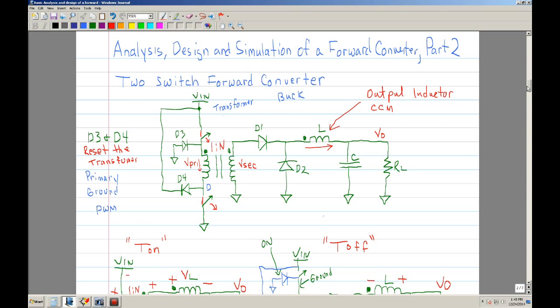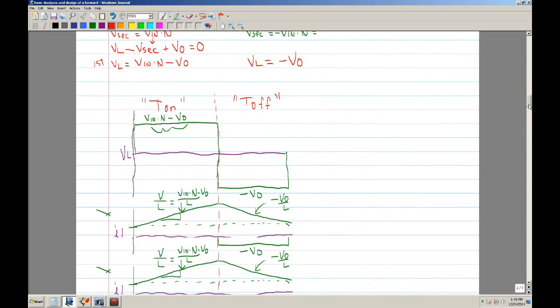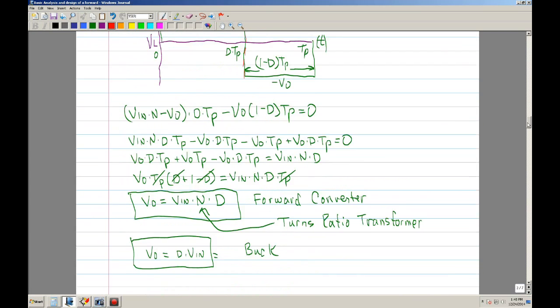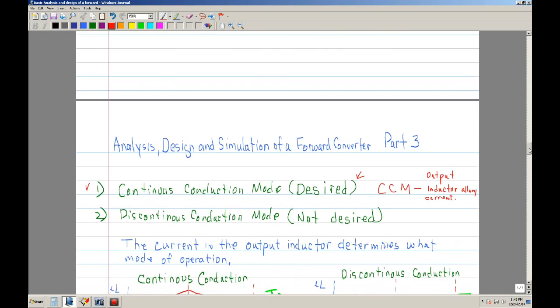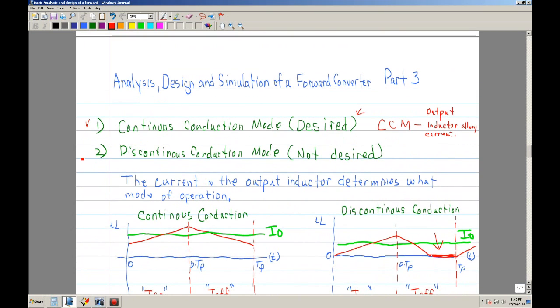Now you have the other extreme, and that is defined by this, which is discontinuous conduction mode. And typically this is not desired. And you'll see books call it DCM, discontinuous conduction mode.